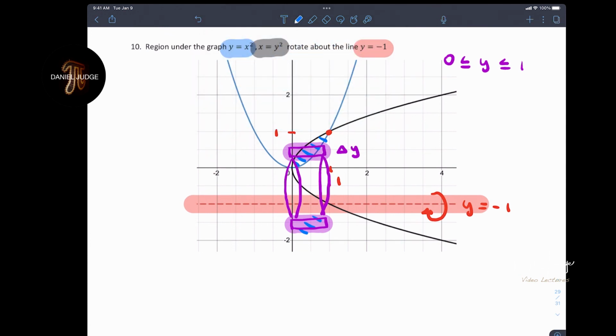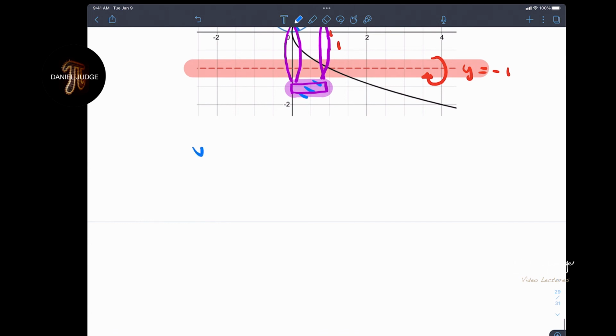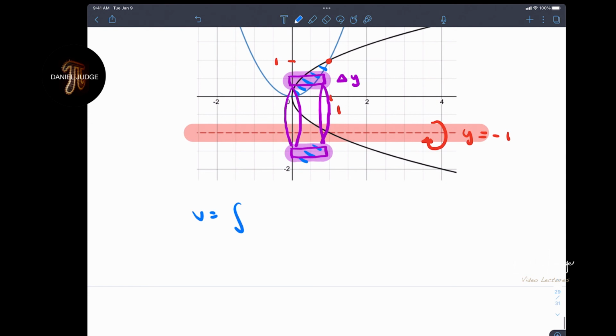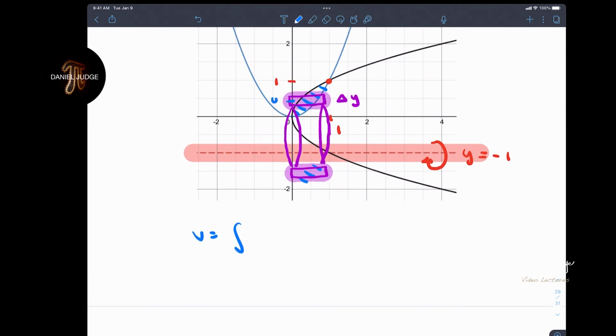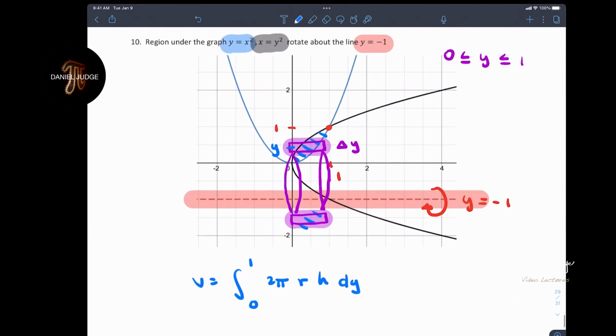So that my volume becomes the integral from 0 to 1. So we have this arbitrary y value. And it'll be 2 pi r h dy now. Okay.